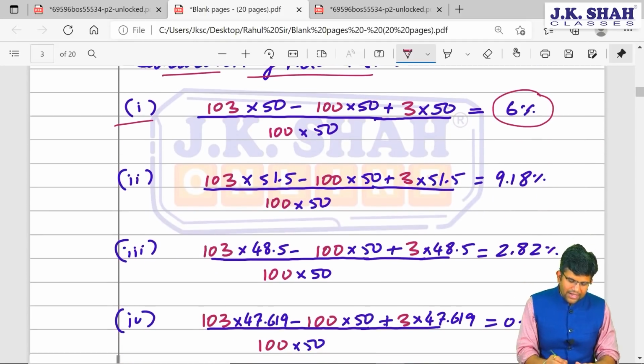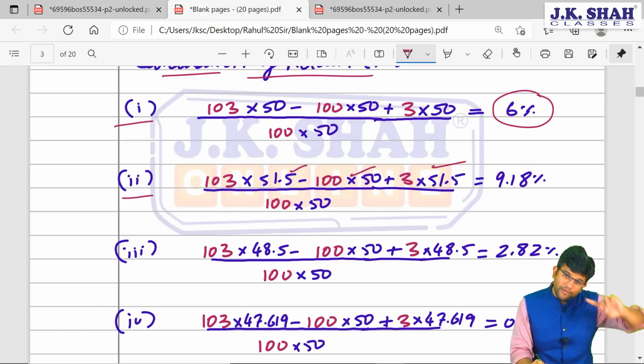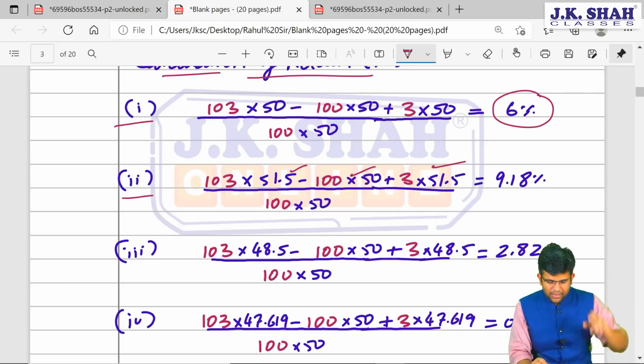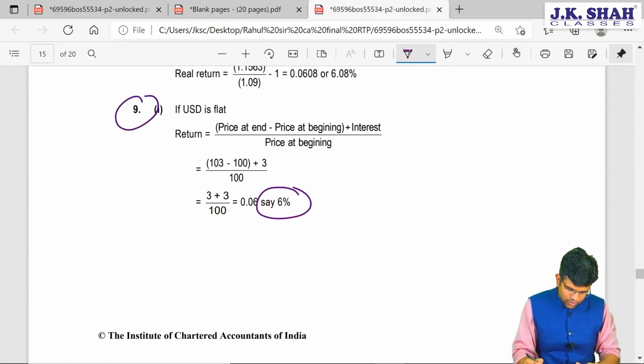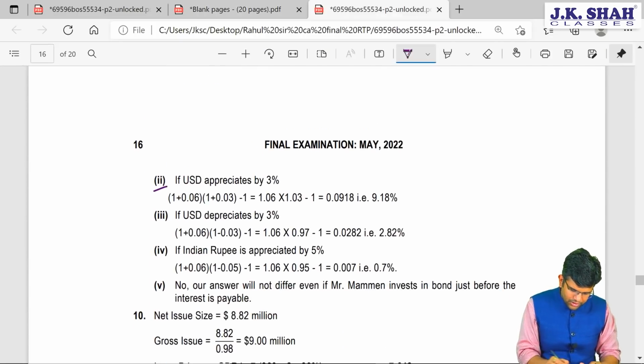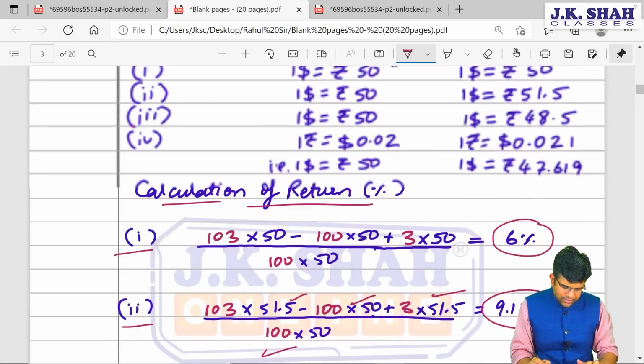Then children, the return will be $103 into 51.5 minus 100 into today's spot rate 50 plus 3 into 51.5, that is the end of the year, divided by 100 into 50 into 100 will give you 9.18% as the return for case 2. If you check institute solution, 9.18%, right? Moving on students to case 3.